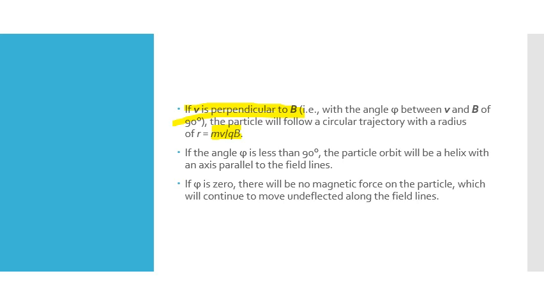The particle will follow a circular trajectory and the radius will be equal to r = mv/qB. But if the angle is less than 90, the particle orbit will be a helix with axis parallel to the field lines.